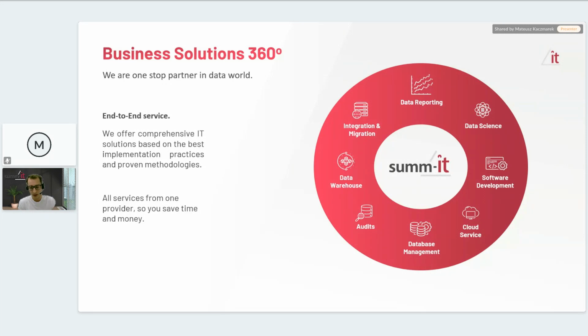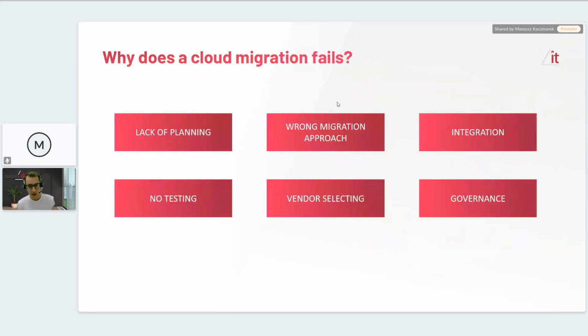And all these 3 teams make the perfect solution for your business, in short. Okay, that was the short introduction about our company. So let's move to the topic.